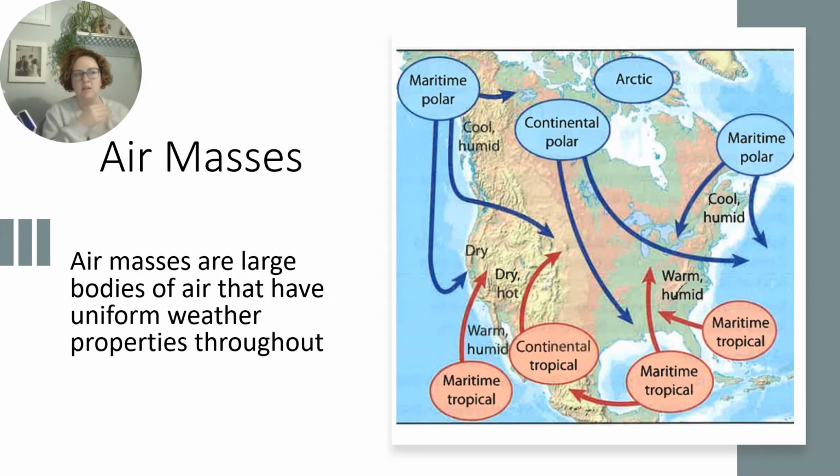That is because of the uneven heating that our Earth receives. Especially up in this latitude, we have less direct radiation during the winter compared to summer and so on. So those are what air masses are.